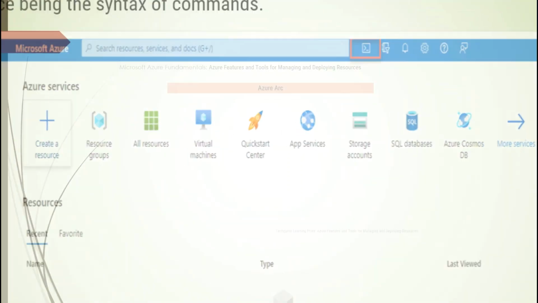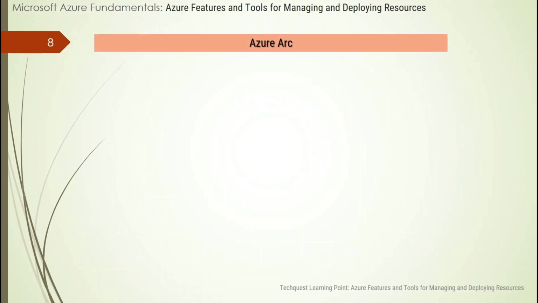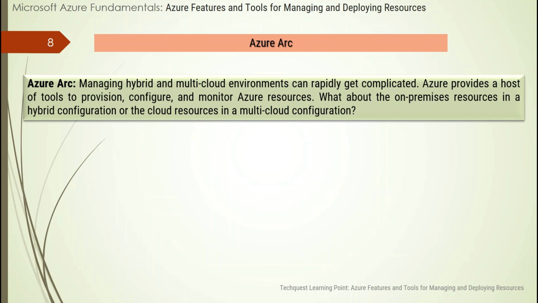Azure Arc. Managing hybrid and multi-cloud environments can rapidly get complicated. Azure provides a host of tools to provision, configure, and monitor Azure resources. What about on-premises resources in a hybrid configuration or the cloud resources in a multi-cloud configuration?